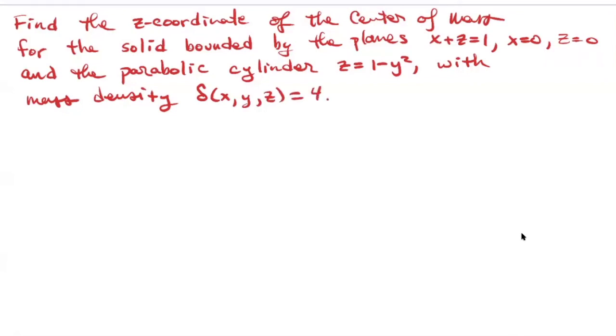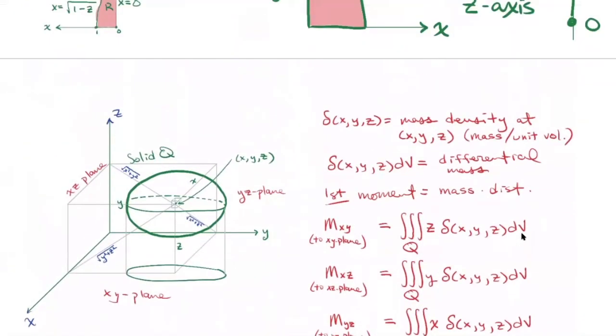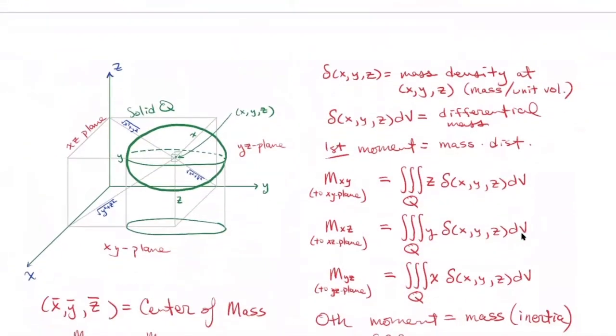I want to slide back and remind you of something because I forgot to say it. For delta, the mass density function, the book uses rho for density.